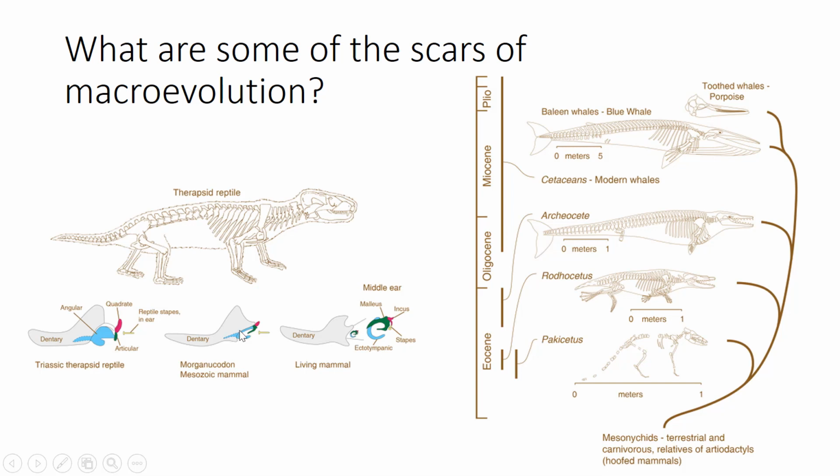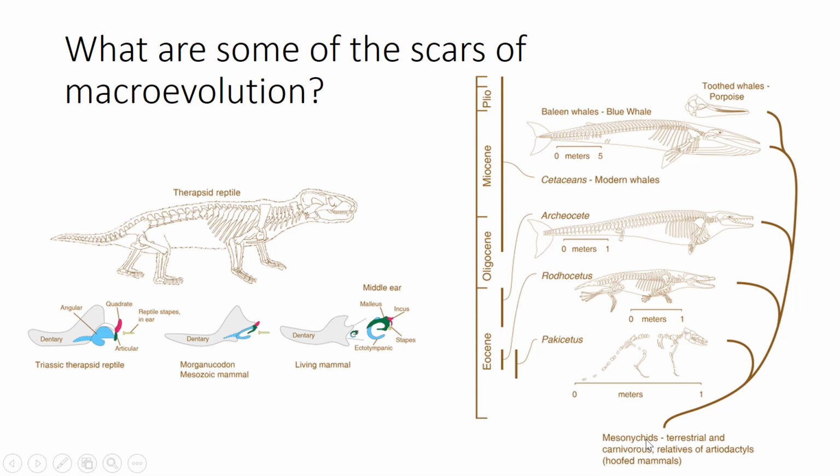And we actually find some forms that look like they are in the process of making the shift. It's very interesting and very convincing that we could generate mammals from these therapsid mammal-like reptiles. But again, we'll save that discussion for Monday.